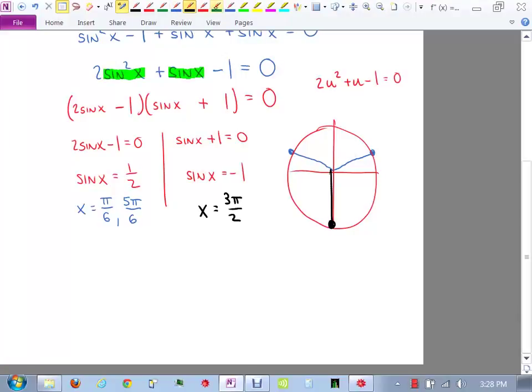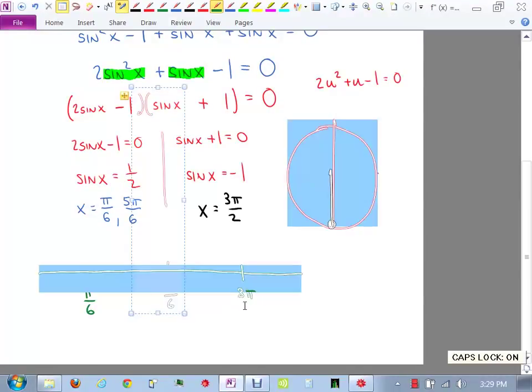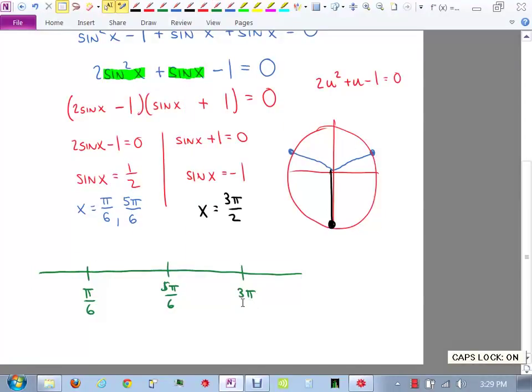So we set up a number line. We put this in order. Pi over 6, 5 pi over 6, and 3 pi over 2. Whoa, whoa.